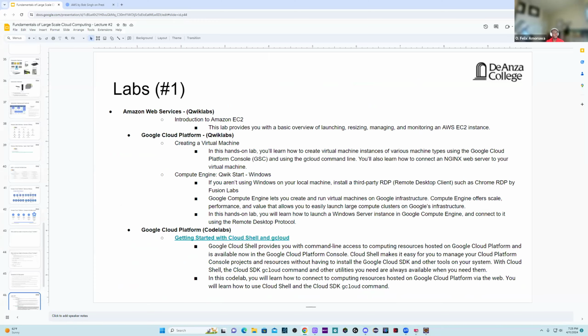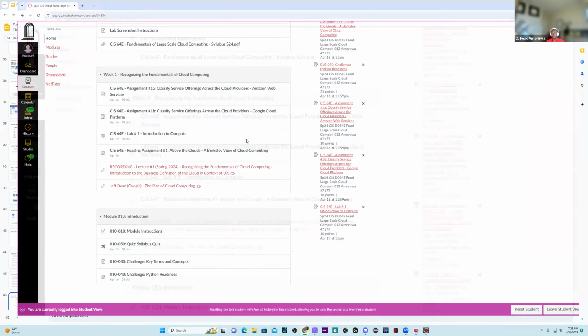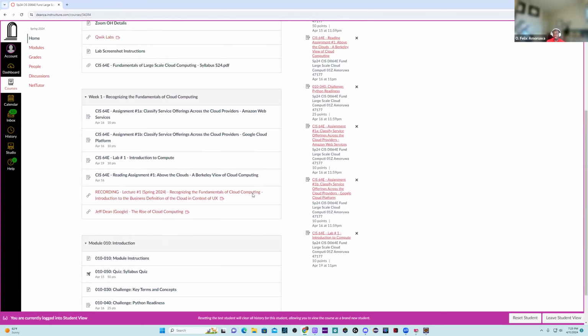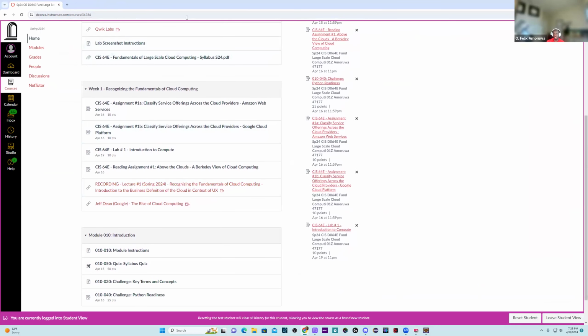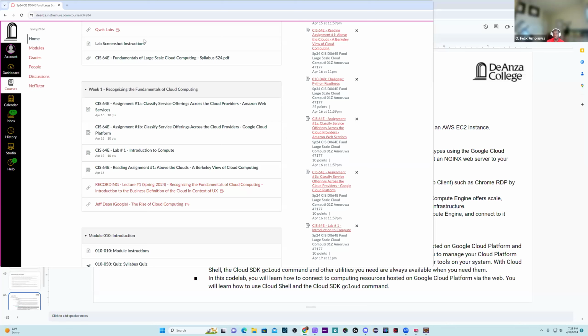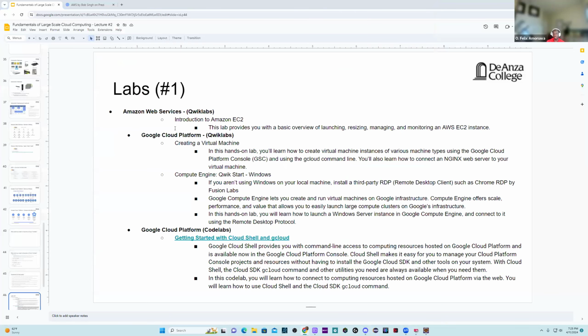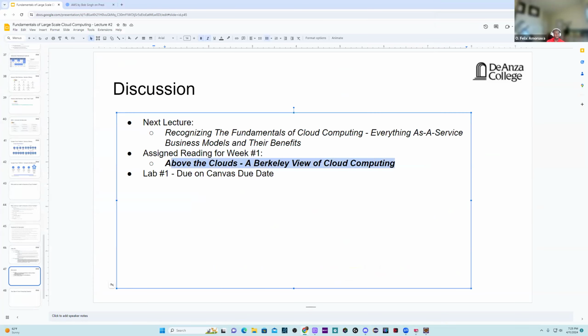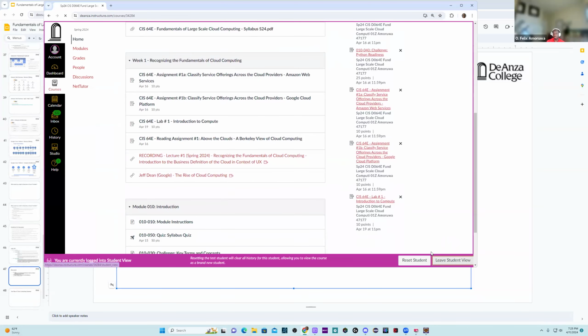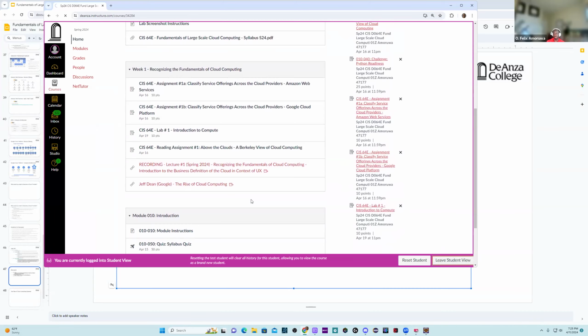Again, I've already talked about what this week will entail, which is what we have here. I'm also going to make available a reading assignment, which I have not made available yet, but it is titled, I believe, Above the Clouds: A Berkeley View of Cloud Computing. So that will be brought into scope.